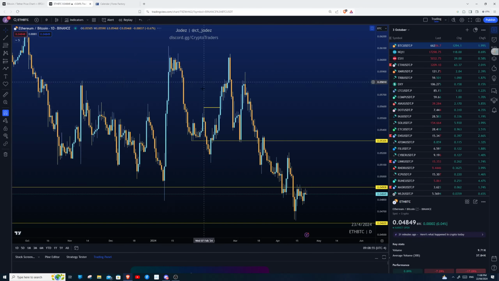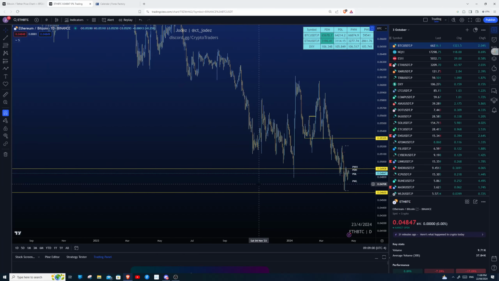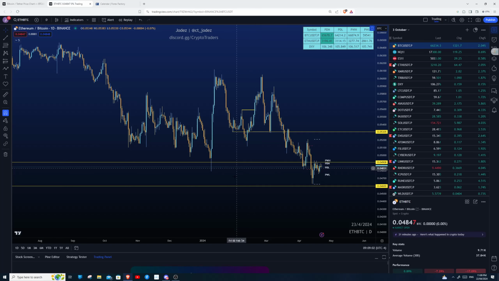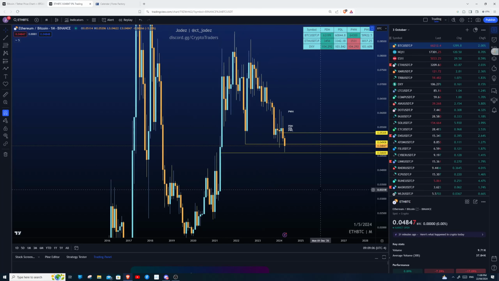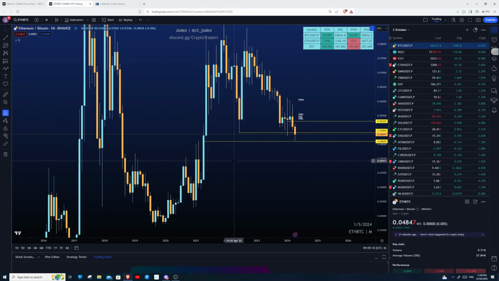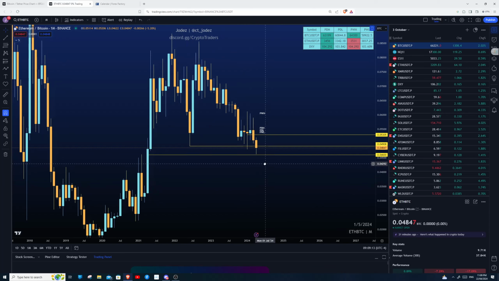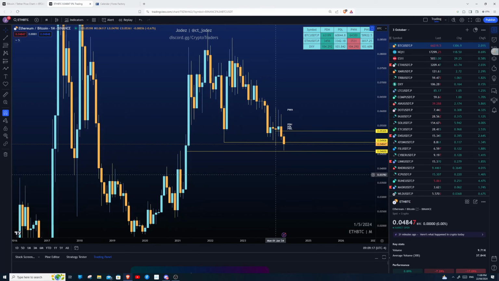We can also look at the Ethereum and Bitcoin pair. So last week I discussed how there's still key levels below. So it's possible that Ethereum compared to Bitcoin has still not bottomed out and can actually go a bit lower. But at this point it should be very close to the bottom.